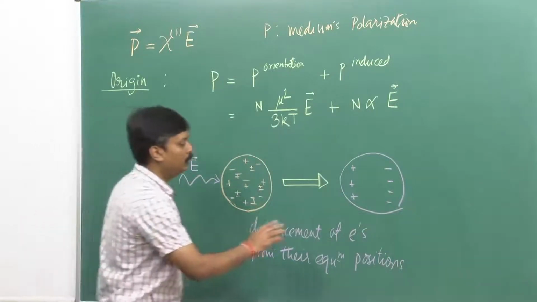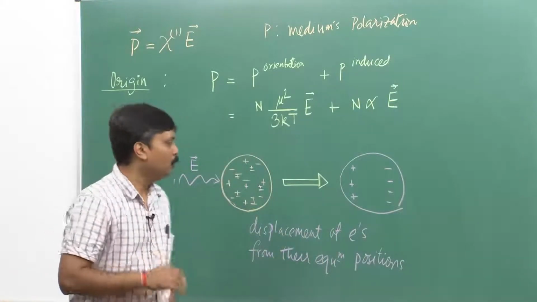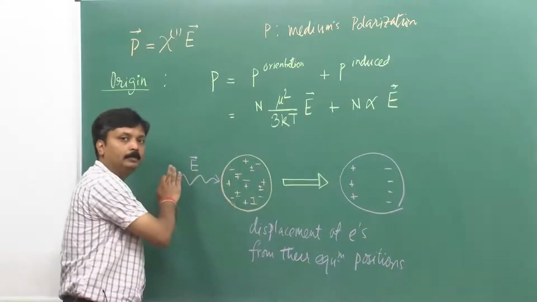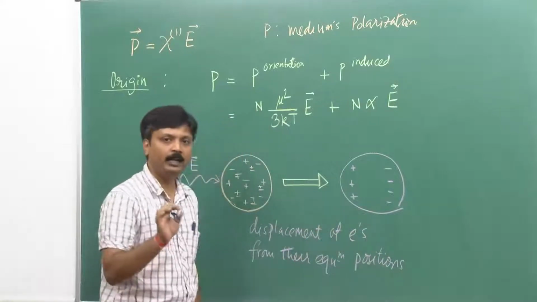So, if the electric field of the light is very small, then this displacement of electrons will be very small.